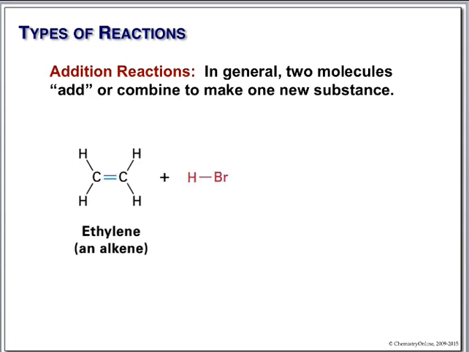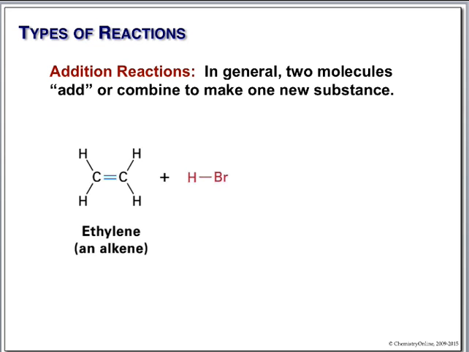That is, it goes to an isomeric form, for example. In addition reactions, this is the example we're going to talk about today, both in this chapter and again in chapter 7. In an addition reaction, we're going to combine things together to make 1 molecule. This is an alkene. You recognize that. Carbon-carbon double bond. This is not ethylene. It is ethene. Ethylene is a trivial name.